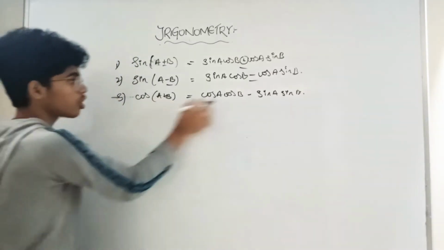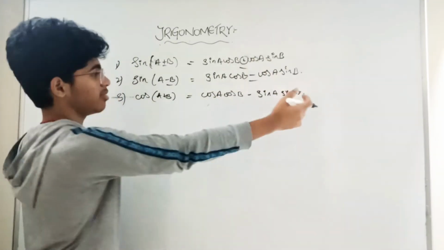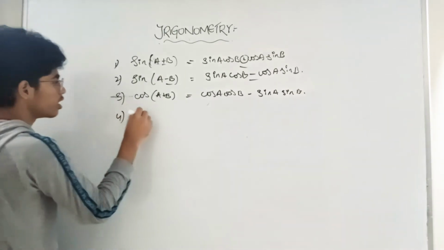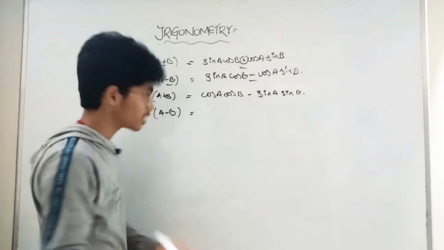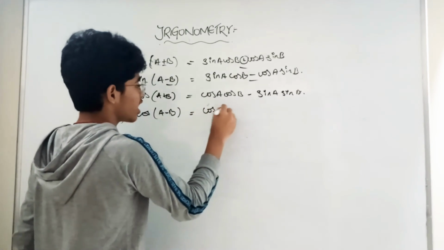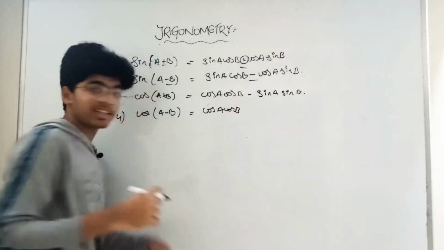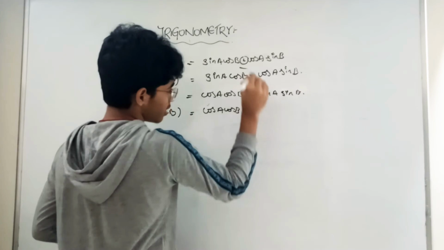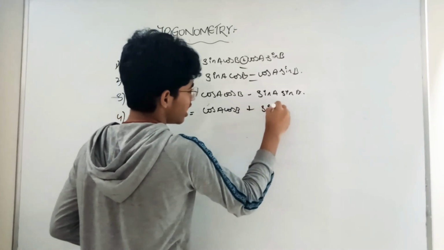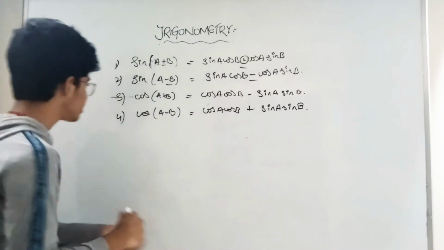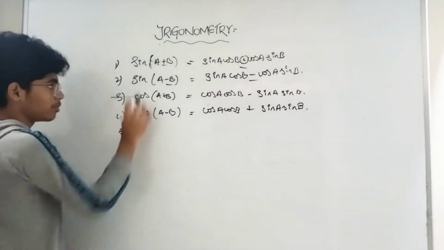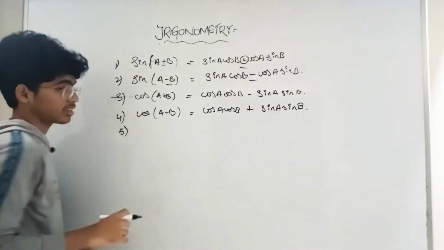Cos of A plus B equals cos A cos B minus sine A sine B. Fourth one, cos of A minus B. Guesses? Yeah, it's correct. Cos A cos B, and the only thing that changes is the sign, which is plus, sine A sine B. Pretty easy, isn't it?